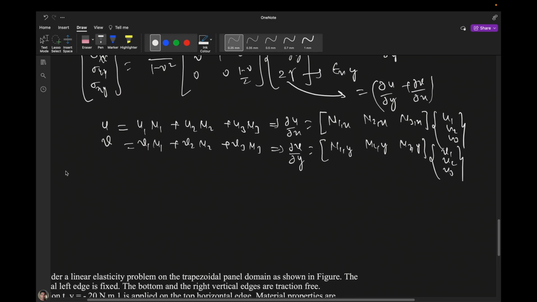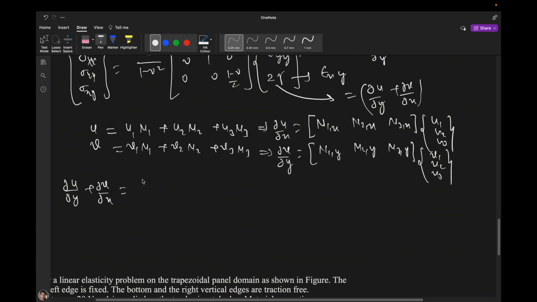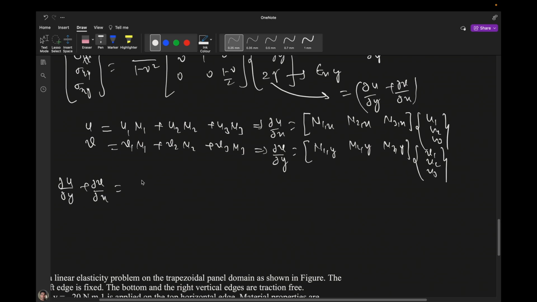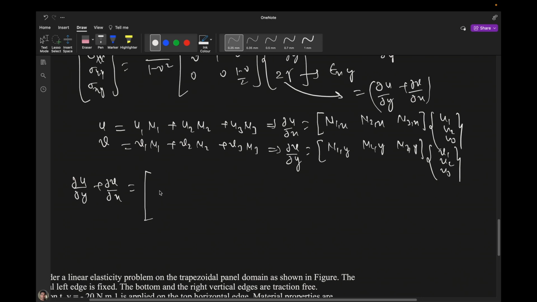And what will be du by dy plus dv by dx? That we need as well. If I create a matrix, first we will write it out, and we will create the matrix later.